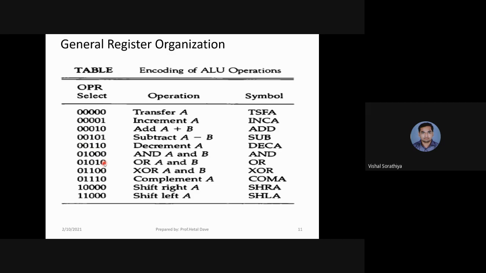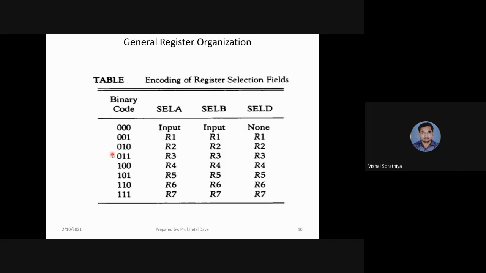If you want to do the AND of A and B, you need to give this opcode. And what would be the selection line? It depends on the register you are choosing. Let me give you an example: this is a table, and this is the opcode.